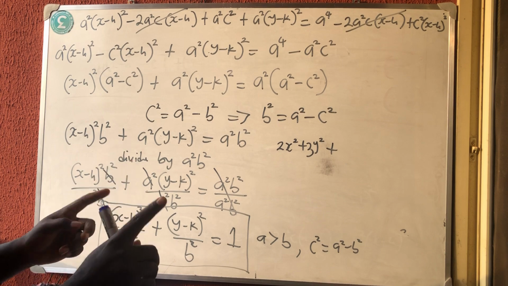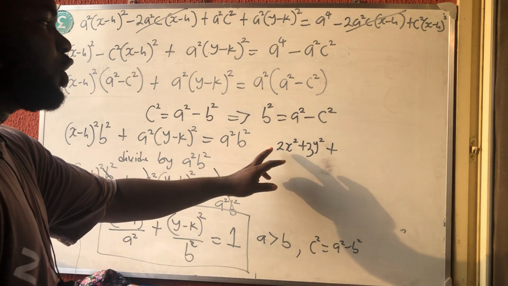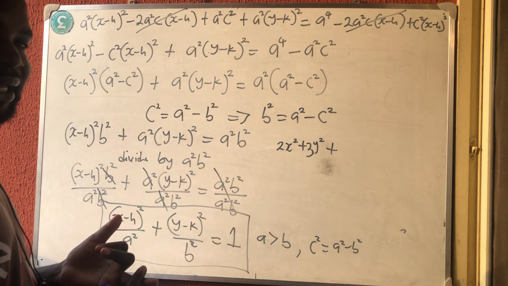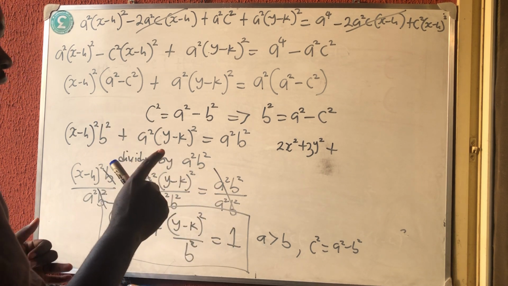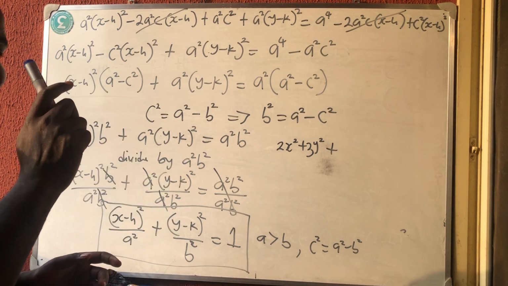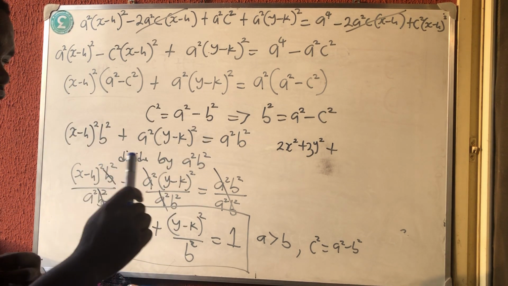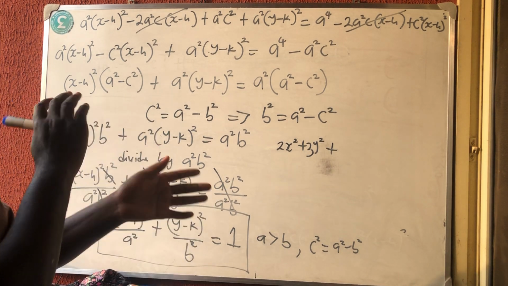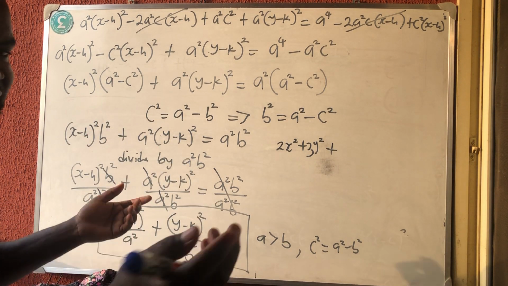So just know how you differentiate it. A circle is that they will be the same in every aspect, both in the number there and in the sign. In an ellipse, the sign alone will be the same, but the coefficient, the number beside it, will not be the same. Then in a hyperbola, only the sign will not be the same. Every other thing can be the same.